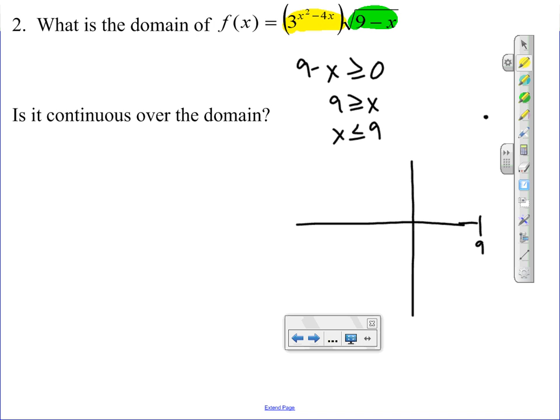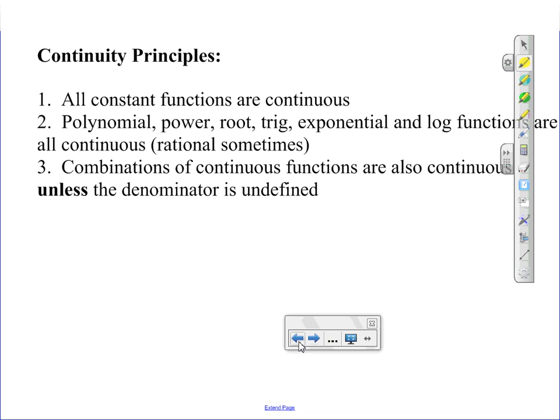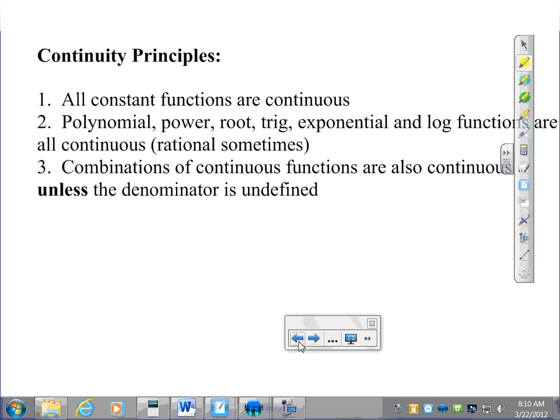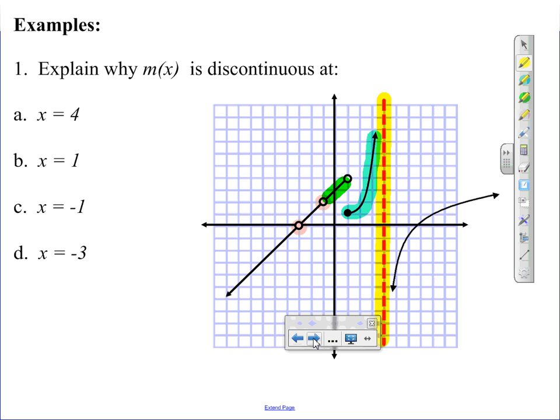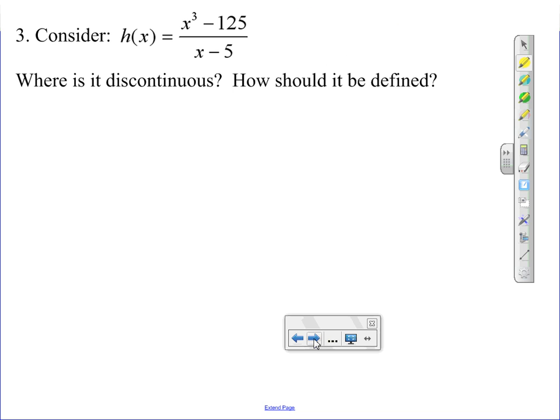We just said a few pages ago that those are always continuous, and combinations of them are continuous as well. The only time we run into problems is when there is an undefined situation, or if it's a piecewise function, then we might end up with a jump.